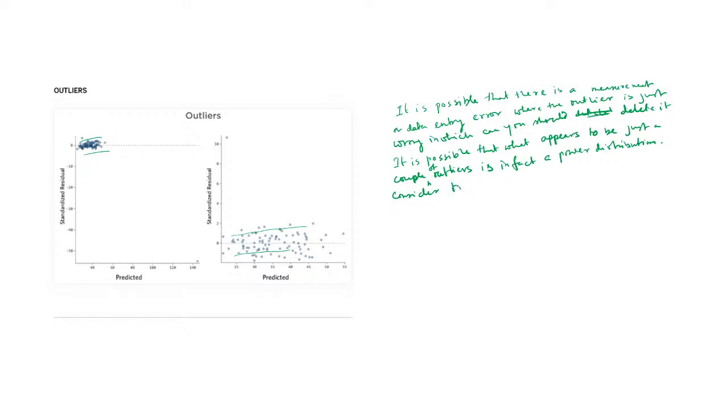Consider transforming the variable if one of your variables has an asymmetric distribution, like this graph.